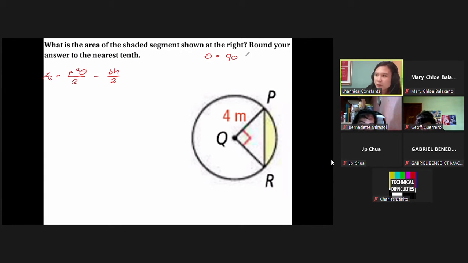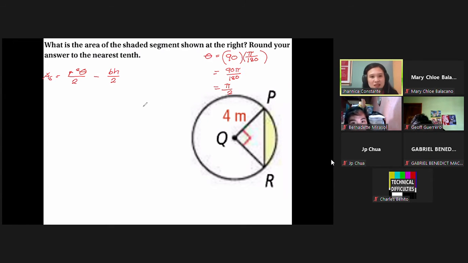So multiply by pi, or radian, over 180. So 90 times pi is equal to 90 pi over 180. 90 divided by 180, in lowest form, is equal to pi over 2.